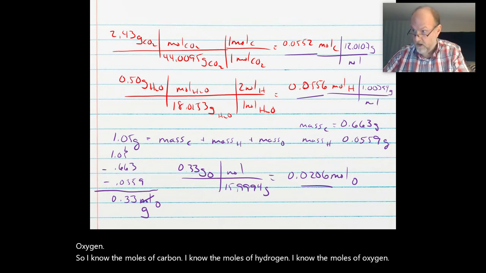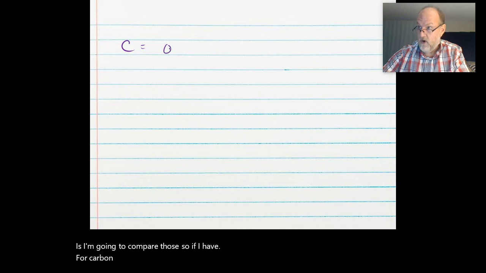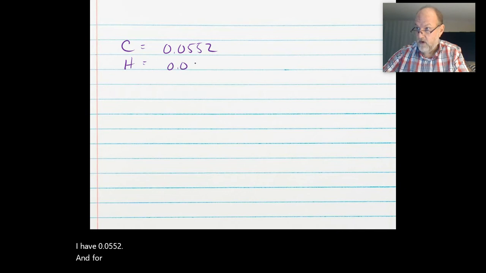So what I'm going to do here is I'm going to compare those. So for carbon, I have 0.0552, and for hydrogen, I have 0.0555, and for oxygen, I have 0.0206.